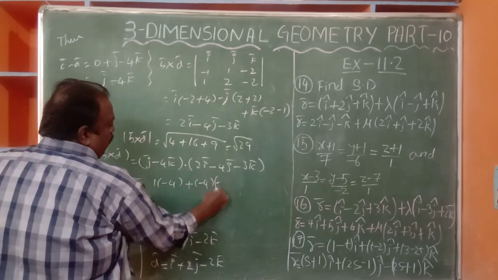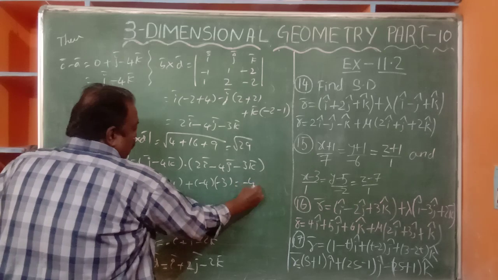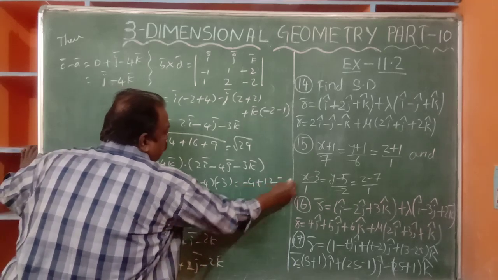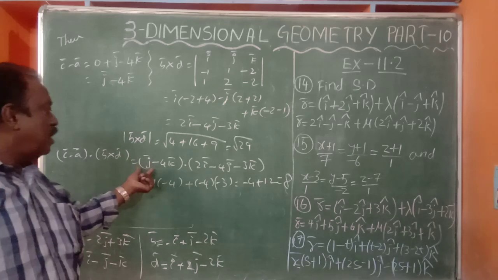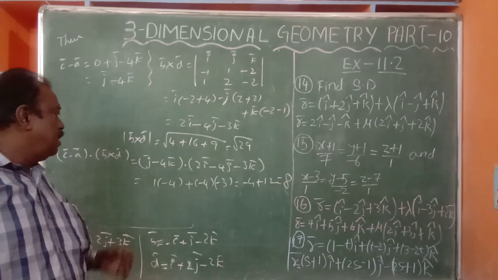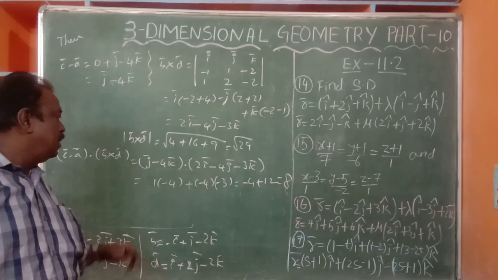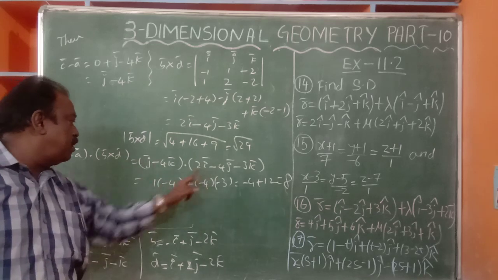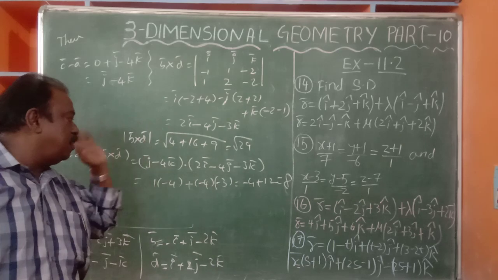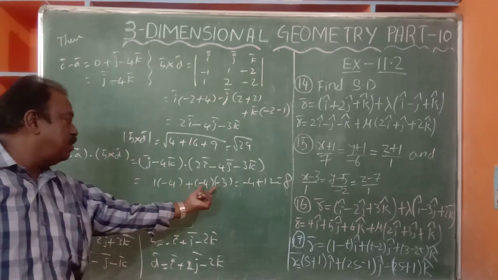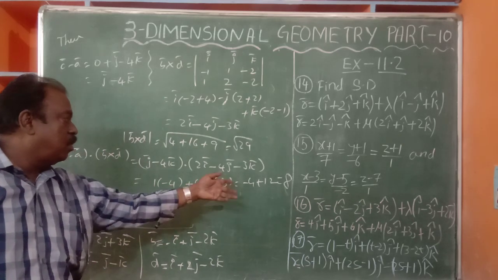Minus 4 into minus 3 is plus 12. Minus 4 plus 12 is 8.